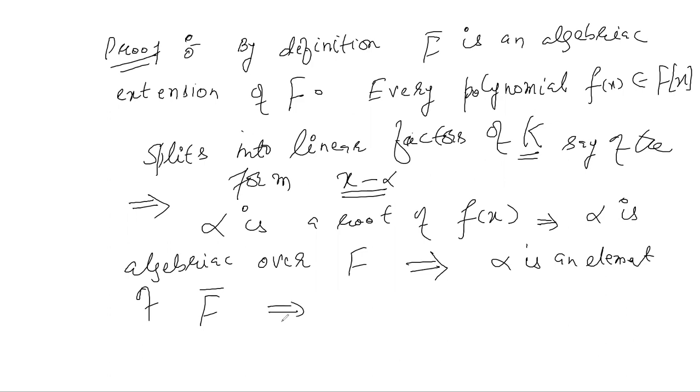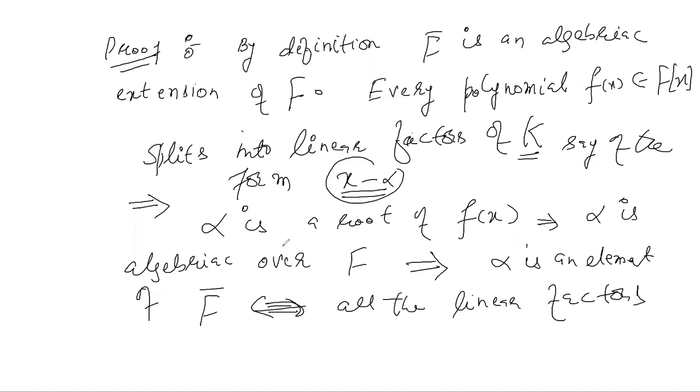So this implies all the linear factors, because linear factors are of the form x minus alpha, and alpha is in f bar, all the linear factors have coefficients in f bar. So what does it mean?